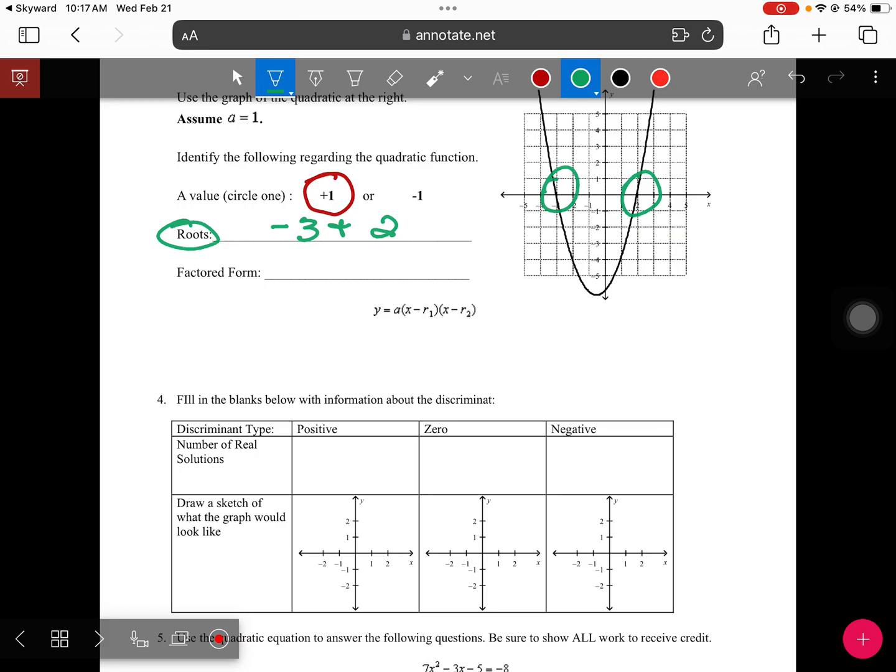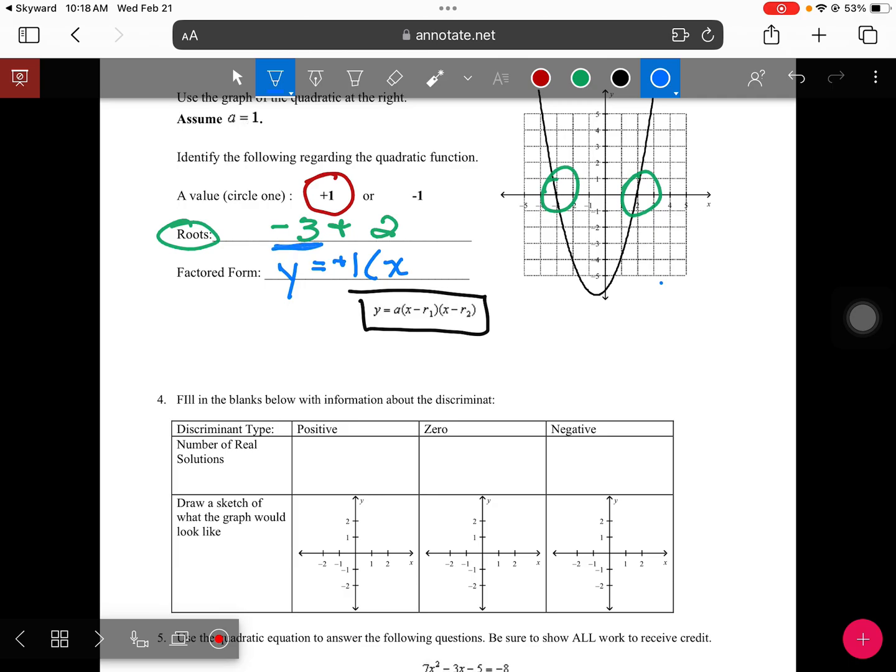Now, the factored form, it says, is right here at the bottom. Y is equal to A times x minus root 1 and x minus root 2. So I need to start it off as y equals, because it is an equation. Okay. My A value was how much? Positive 1 times x minus root 1.